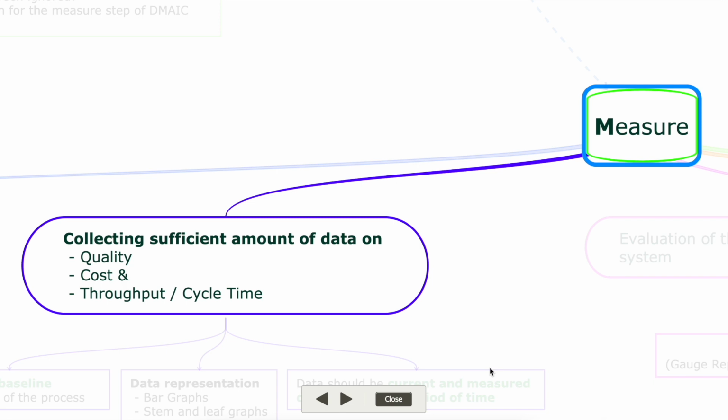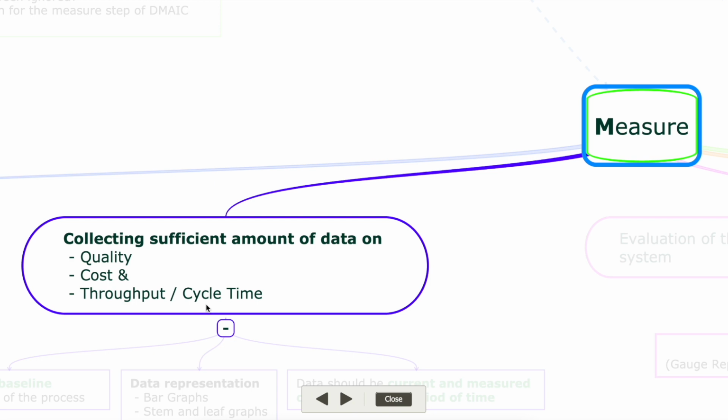After we have made the list of the KPIVs and KPOVs, we must ensure that a sufficient amount of data is collected on quality, cost and throughput, or the cycle time. The measurement of these variables shall be made, and the data that we collect must be sufficient in amount.